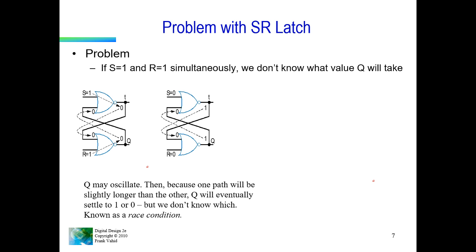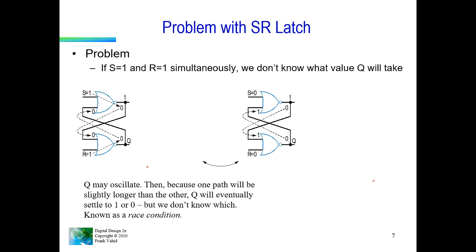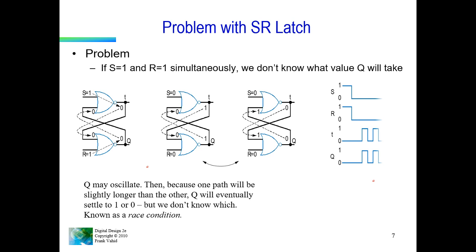Well, I get this weird situation where the output oscillates between a 1 and a 0. And it will continue to do that forever until I turn the power off and whatnot. So you never want to have a 1-1 on the inputs of an SR latch.